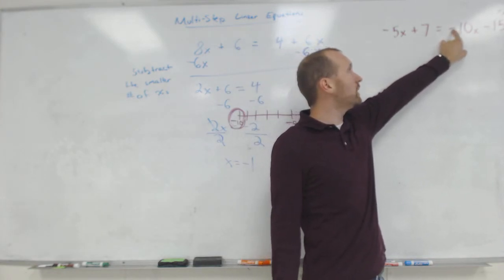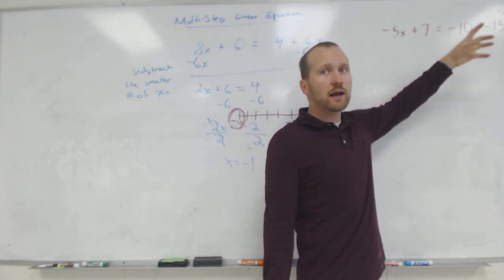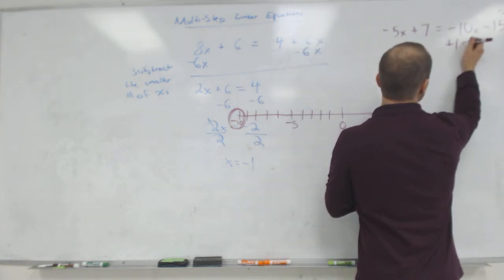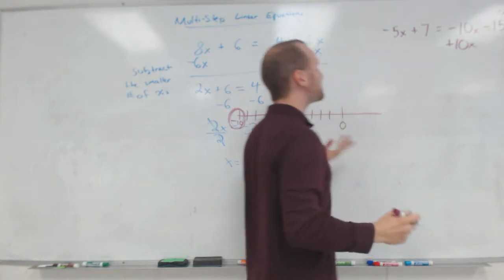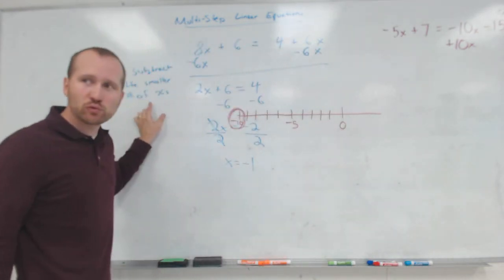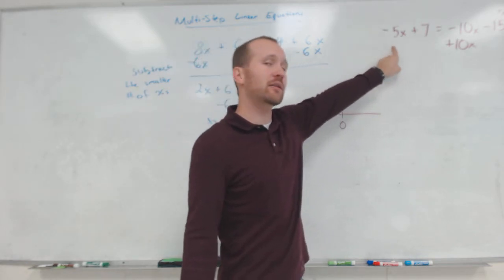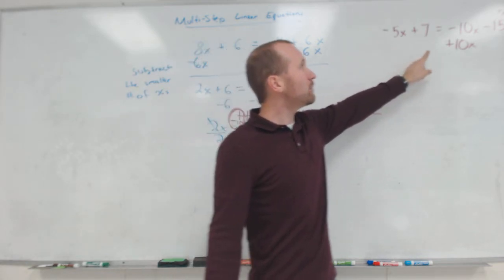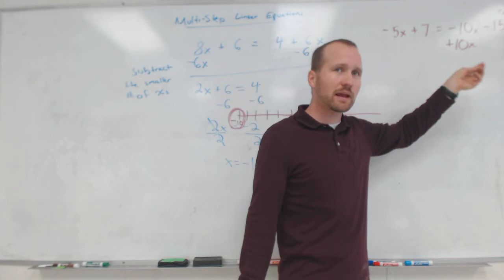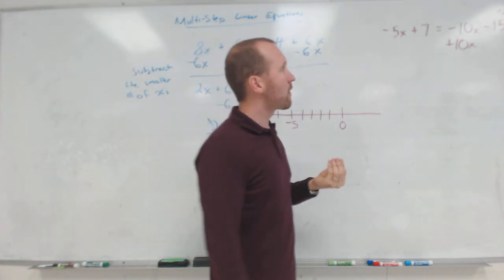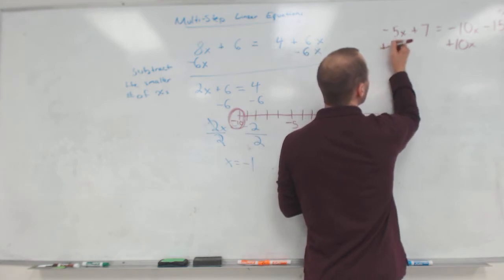How am I going to get rid of negative 10x? I add 10x. So technically, I am still following this rule, because negative 10 is smaller than negative 5, and plus 10 is actually the same thing as minus negative 10. Add 10. So then I have to add 10 over here.